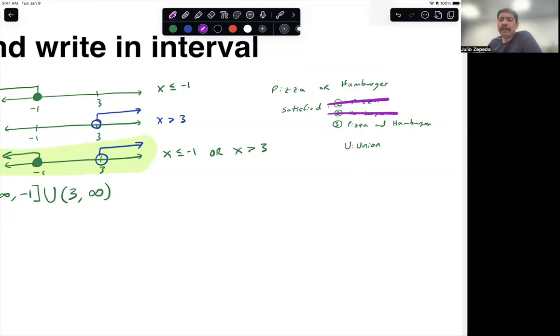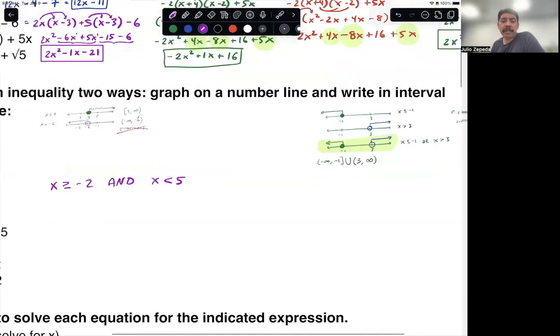No. If the word and is used, then I would be satisfied if I had both pizza and a hamburger. Only under this one case where these two are satisfied at the same time is when I would be satisfied. In the same way, this compound inequality with the and will be satisfied if both of the single inequalities are satisfied at the same time.